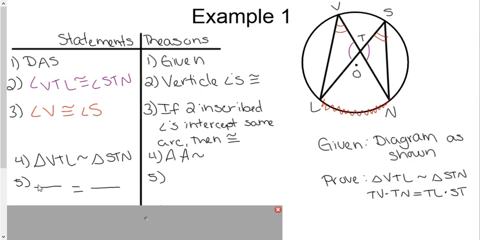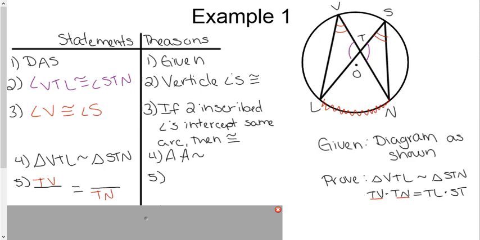So I'm going to first place TV. You can place whichever one you want first, it doesn't matter. But if I place TV on top, I have to place TN somewhere on the other side so that it multiplies by TV. When I cross multiply, I multiply TV by this bottom one. So that's how I know that TN goes there.